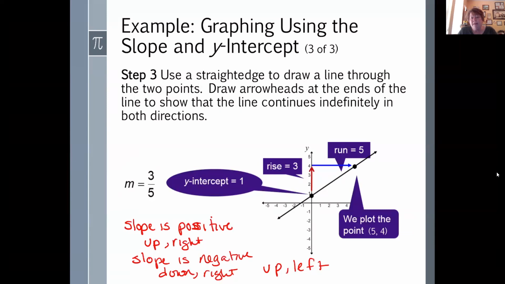If the rise is negative, we're going to go down. If the run's positive, we're going to go to the right. Or if the rise is positive, we could go up and we could go left, which would mean that the run is negative. And again, for a negative fraction, you can put the negative in the numerator, you can put it in the denominator. It doesn't matter.